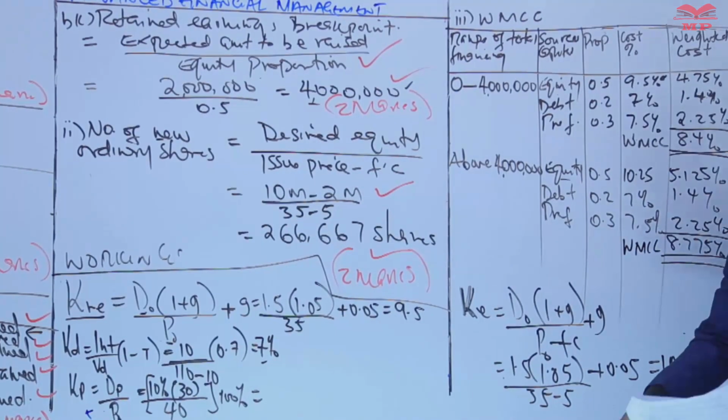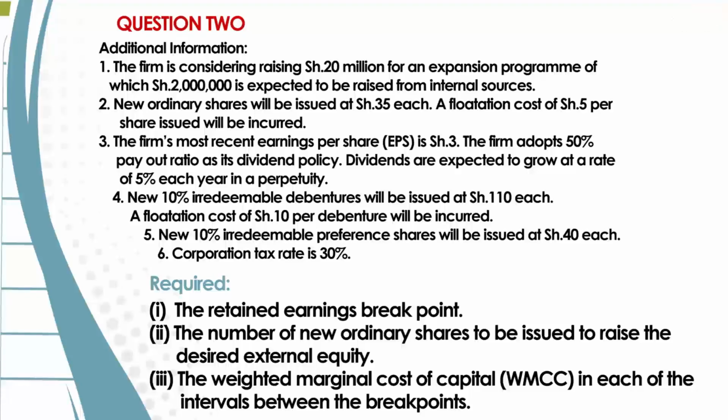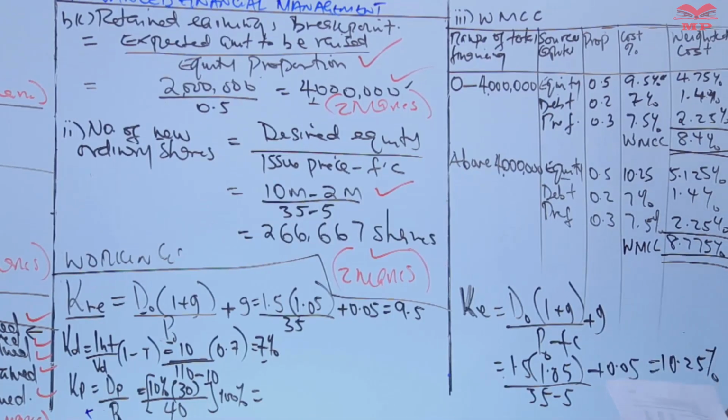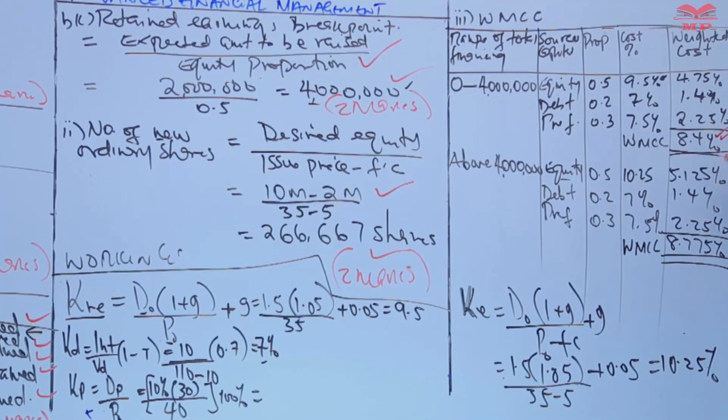But the question is the weighted marginal cost of capital in each of the intervals between the breakpoints. So the first break point, that is it. The second break point, that is it.